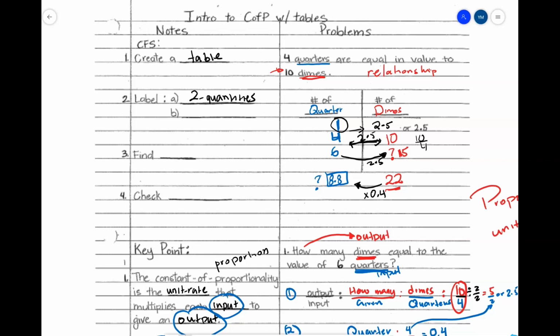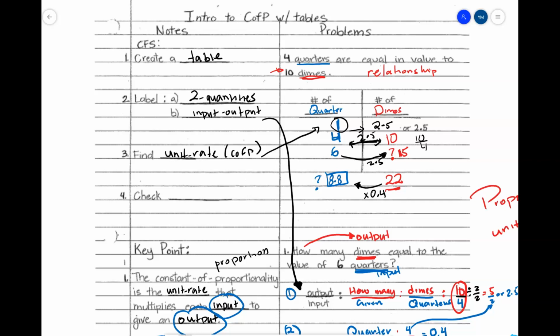Then you have to label which one is input and which one is output. And where did we do that? We did that right here. We labeled which one is input and which one is output based on the problem that you have. Okay, then you find your unit rate, or the constant of proportionality. In this case, it was for every quarter you have 2.5 dimes. That was my unit rate in this case.